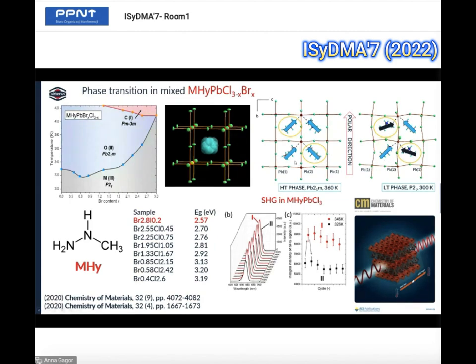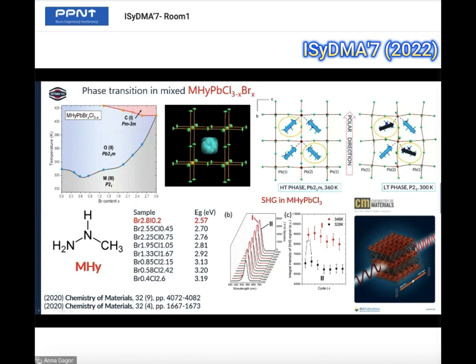And what is even more interesting, we see that the high temperature phase, which is of orthorhombic symmetry, has an even better polar arrangement of these molecules, which is surprising because usually at higher temperatures the amines start rotating and they lose polar properties.